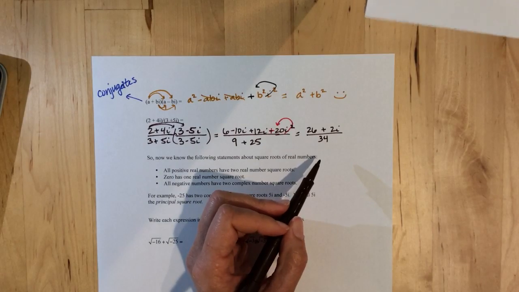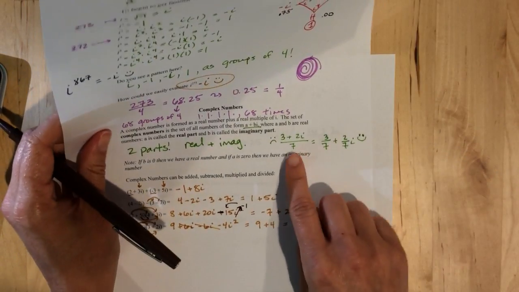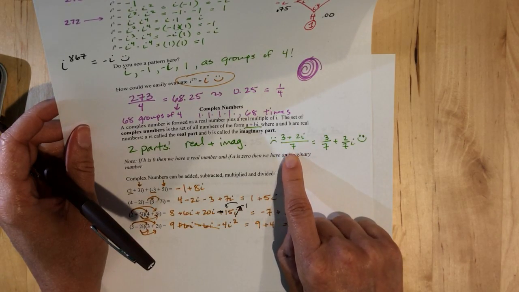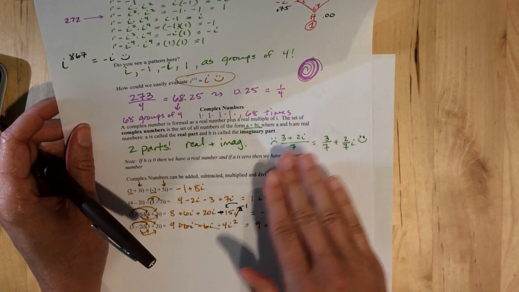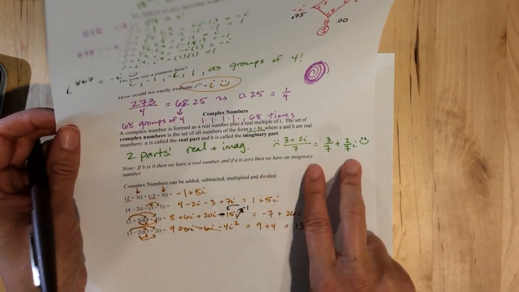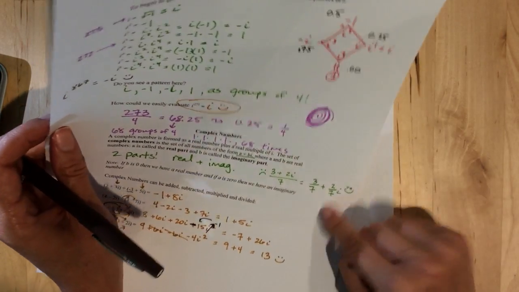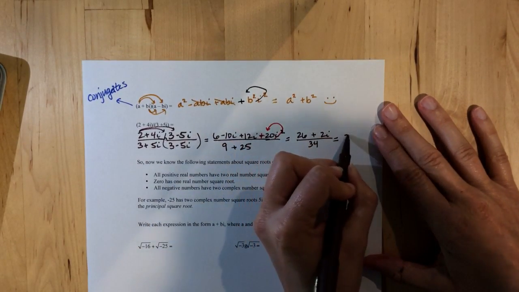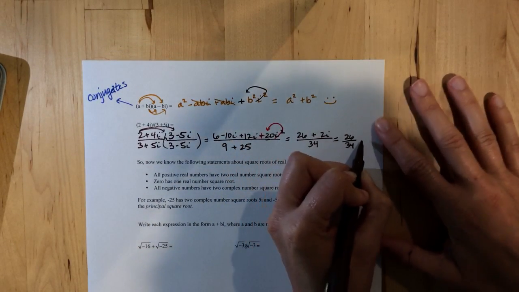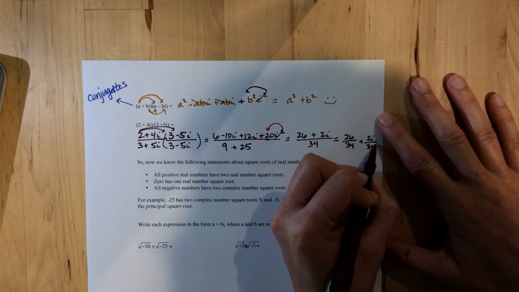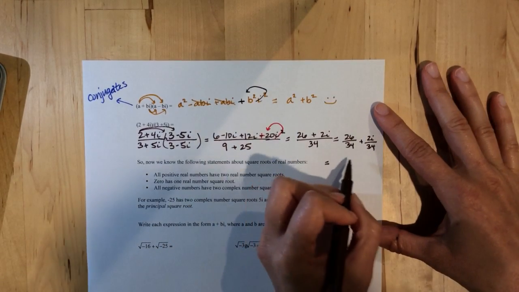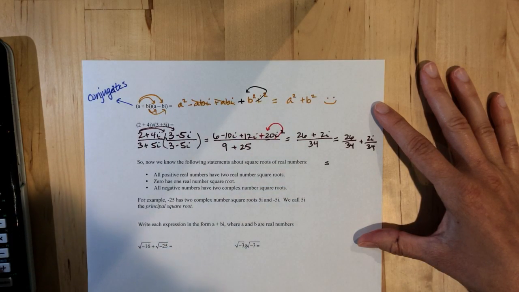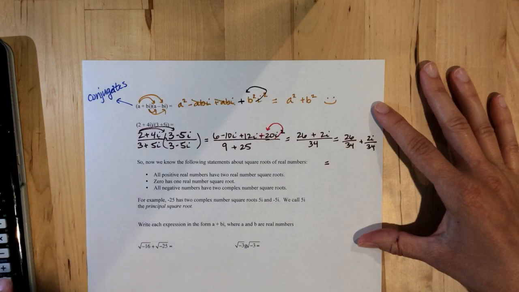But remember what I said a page ago? Complex numbers are in two parts, so you don't leave it like this. It's one of the few times I'll ever tell you to separate denominators, but it's what you do. So here we get 26 over 34 plus 2i over 34, which reduced is what? 26 divided by 2 is 13.